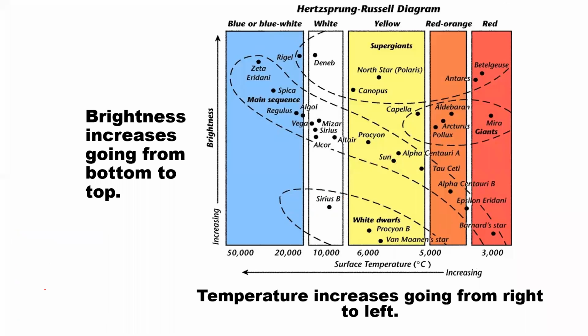All right. Oh, there's Michaela. I want you to find Betelgeuse. And I want you to find Mira. I just circled them both. Betelgeuse and Mira.